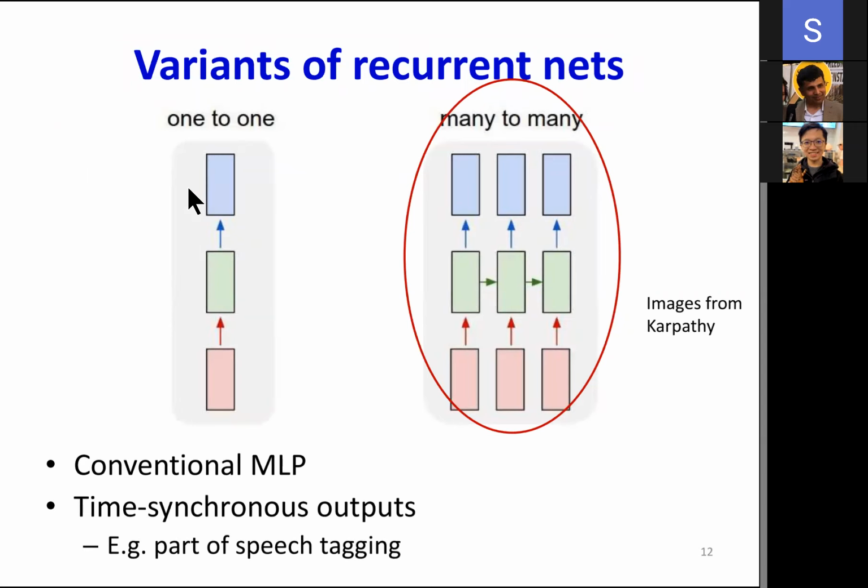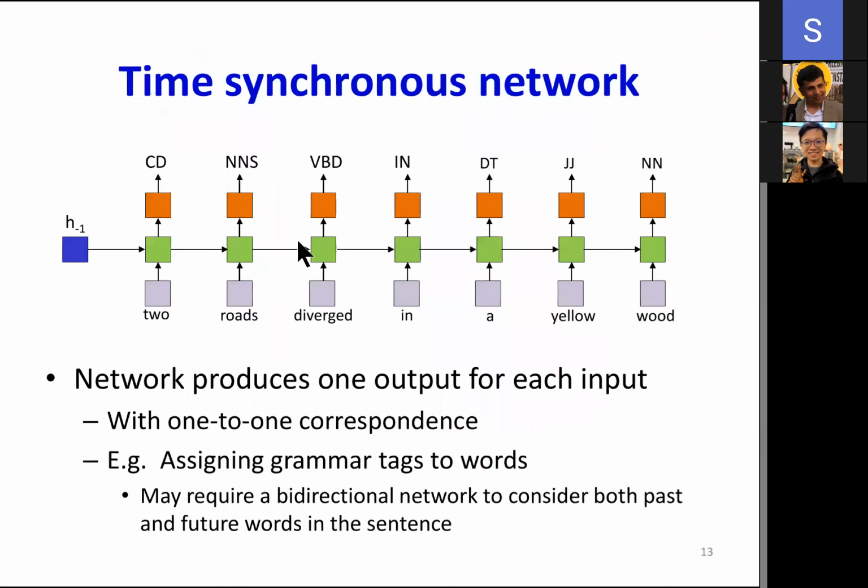Now, let's consider this simple version of the problem, which is the many-to-many, where you have as many outputs as inputs. This is the kind of model that we've been talking about in previous classes. So this, for example, would be used in a problem like part-of-speech tagging of text. The network is going to produce one output for each input, but the order in which the inputs occur is going to influence the classification of each input.